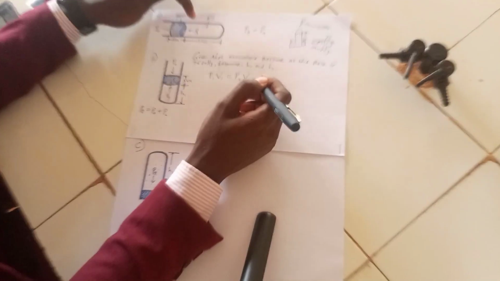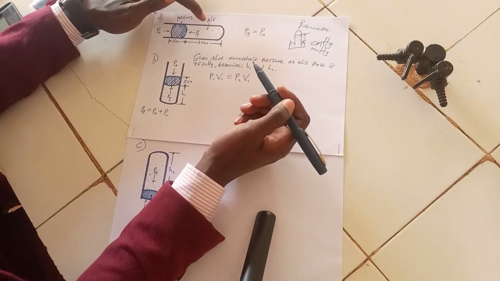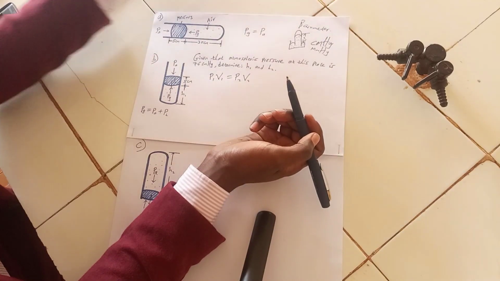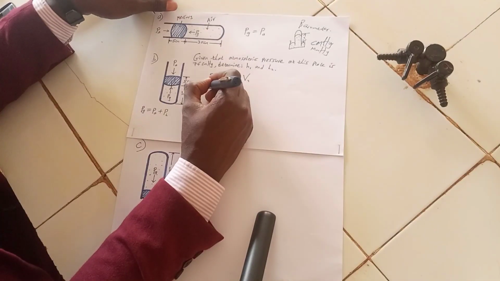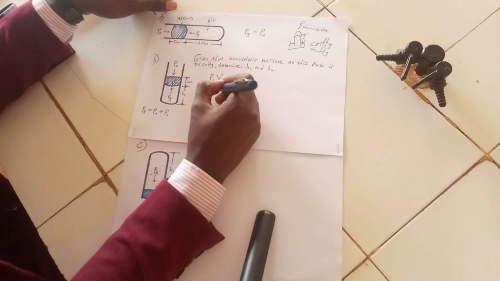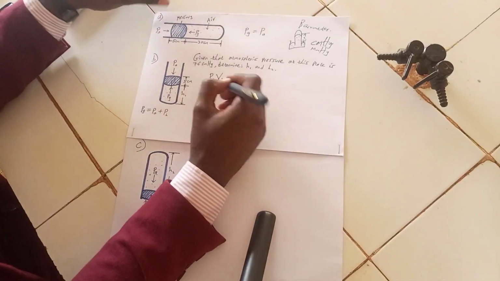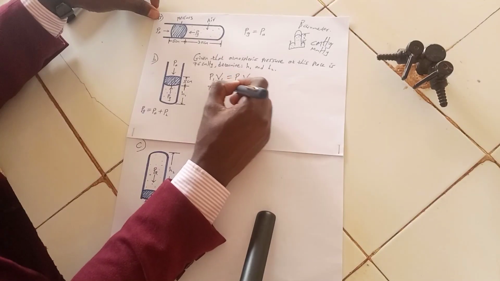So pressure 1 is PG, which we know is equal to atmospheric, so we just write 76 centimeters of mercury.